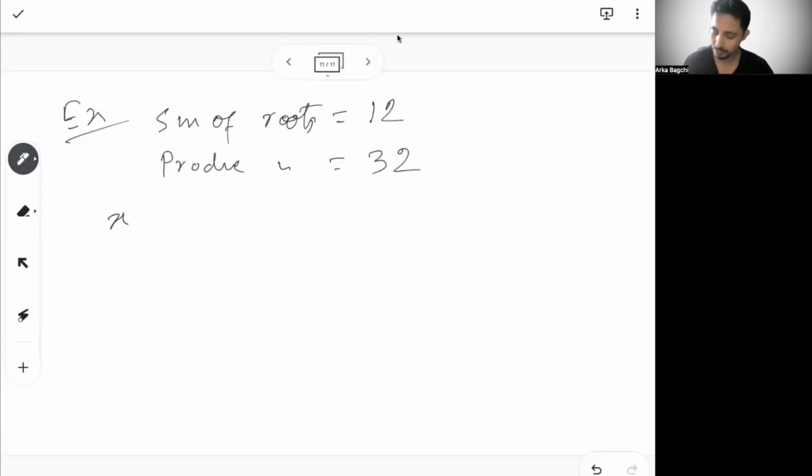So equation will be x square minus 12x plus 32 equal to 0. That's how you find out the equation if you know the sum of roots and the product of the roots. So this is one important piece which you need to understand, is how to use the sum and product of the roots.